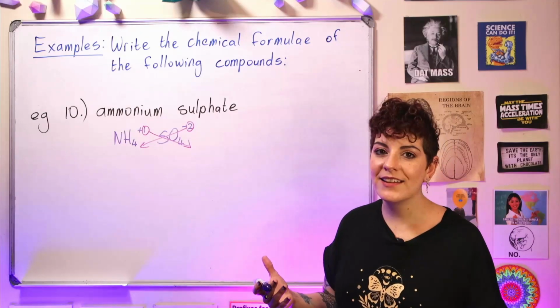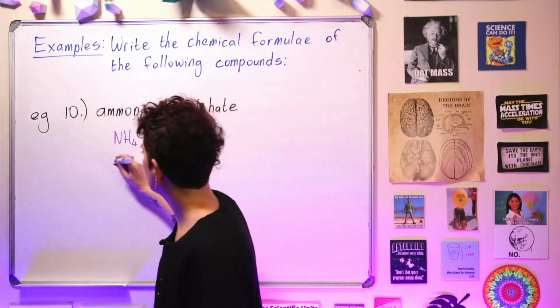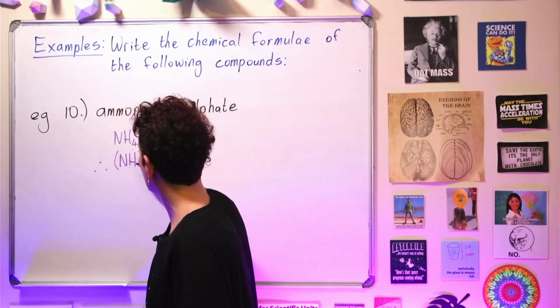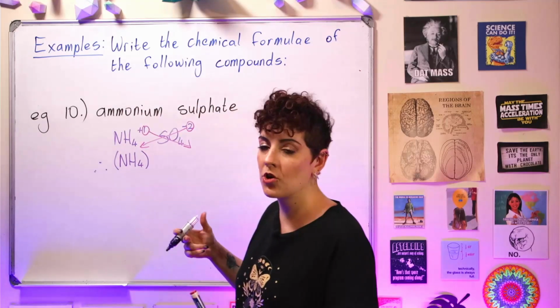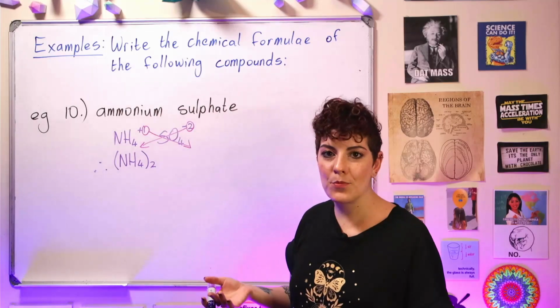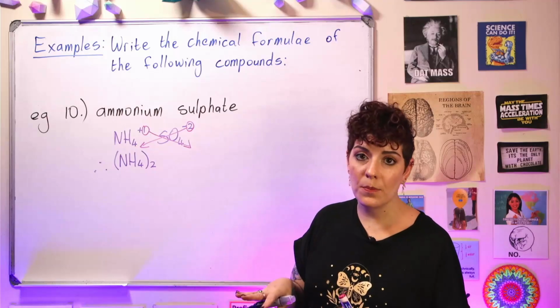So interestingly, this formula actually starts off with a bracket. You start by writing in a bracket NH4, that's the ammonium ion, and the 2, the subscript that was crossed over, you write on the outside. If you didn't have that bracket, it would look like NH42, which is not possible.